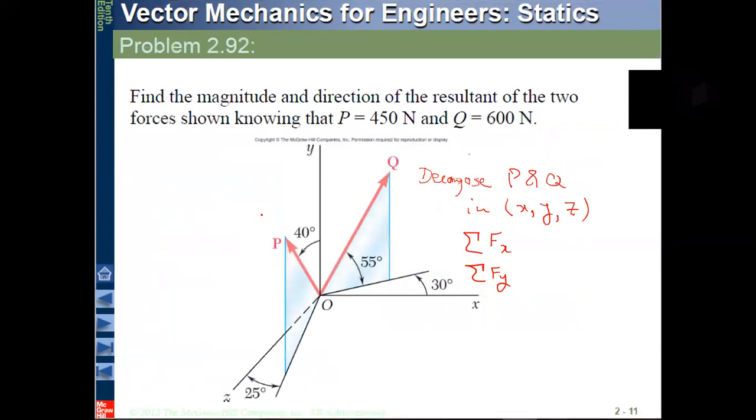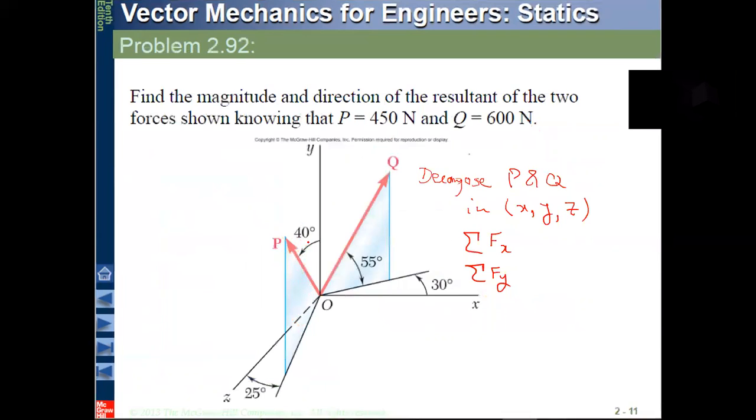Well, in this question, we have two forces that are represented by their magnitude, P 450 Newton and Q 600 Newton. And you have the direction that is represented by angles.